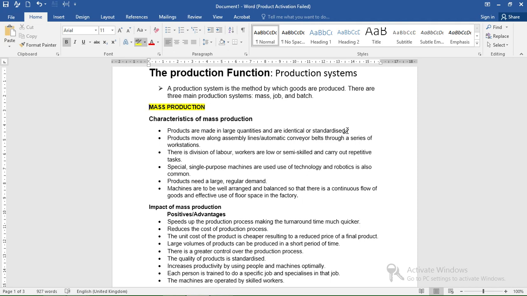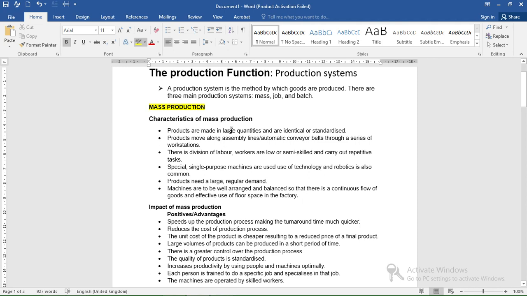Everything, they look exactly the same, right? So mass production is mainly used when you are producing a single product in large quantities. So the easiest way of doing it, you produce it in masses. In masses means in large quantities. Mass production means producing goods in large quantities, right?